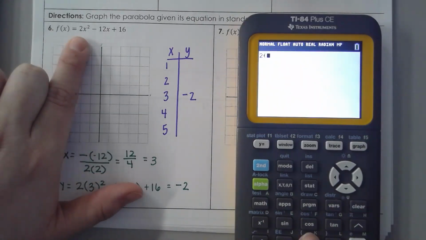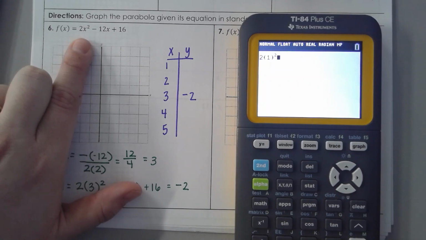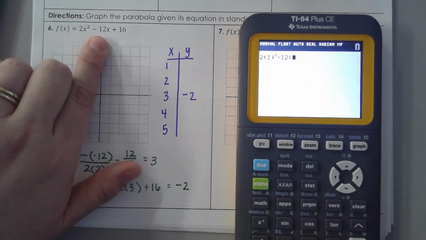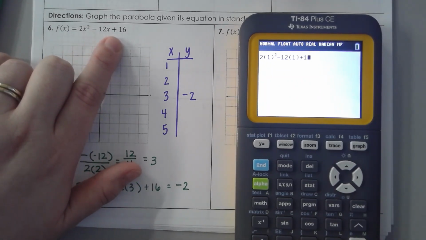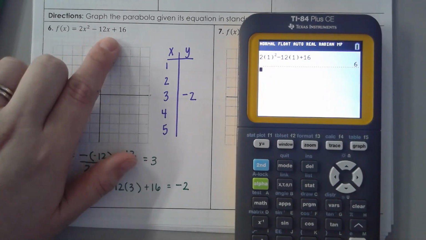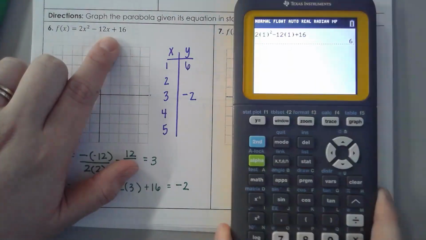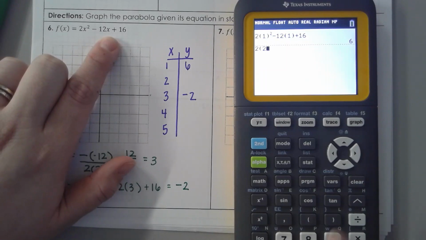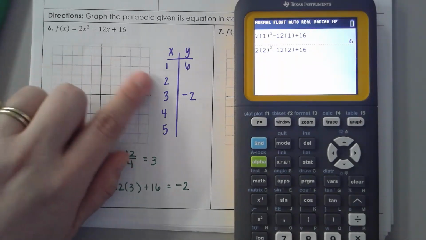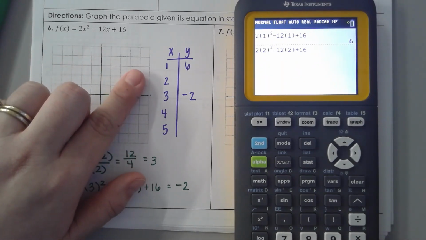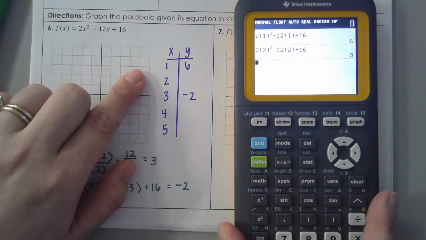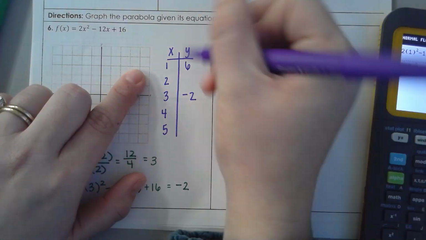So 2 times 1 squared minus 12 times 1 plus 16. We get 6. And then 0.